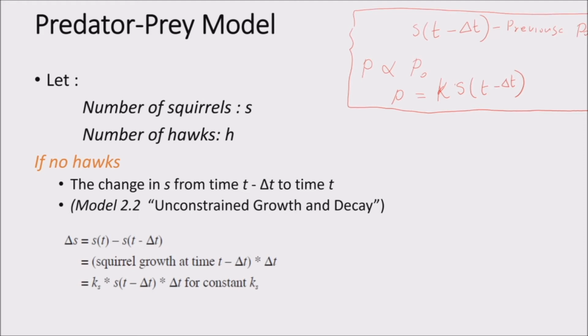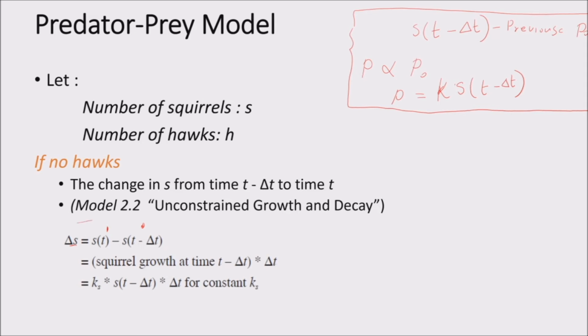All right. And what else do we know? We know the change in population is equivalent to the current population, right here, minus the previous population, right here. That is something we call a finite difference equation, right?